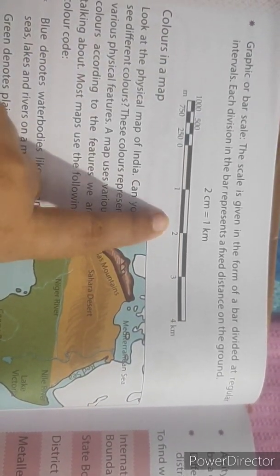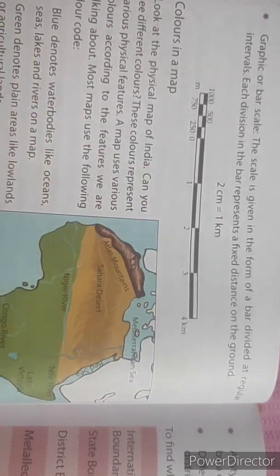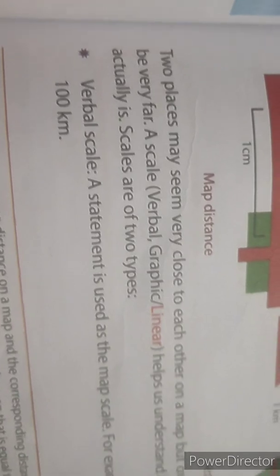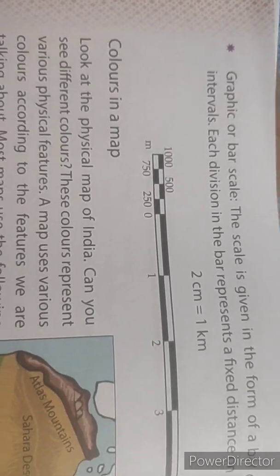Each division in the bar represents a fixed distance on the ground. So there are two types of scales. First one is verbal scale and another is graphic or bar scale.